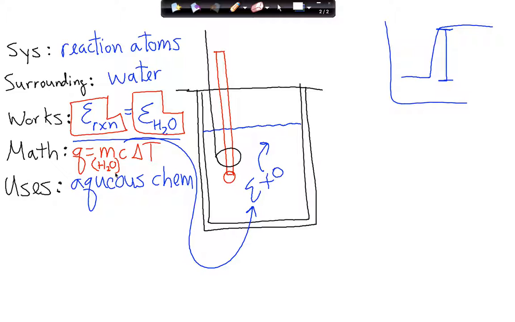So now, guys, let's do this. If you've got a little bit of space, we are going to take these two ideas and mush them together. So here's what we know. The first law of thermodynamics says this: the heat lost or gained by the reaction is equal to the heat gained or lost by the water.